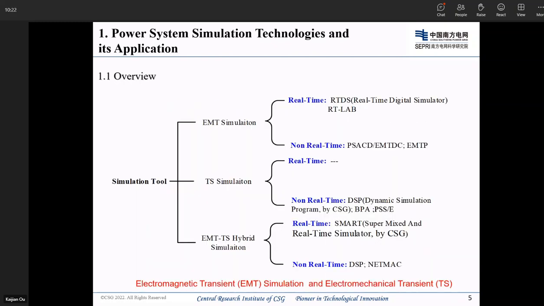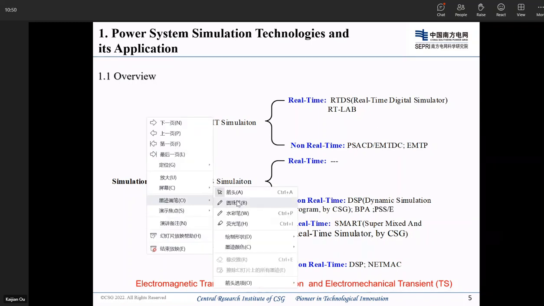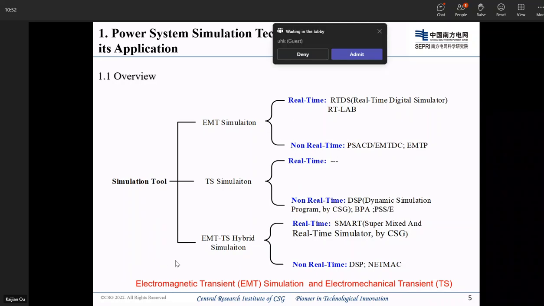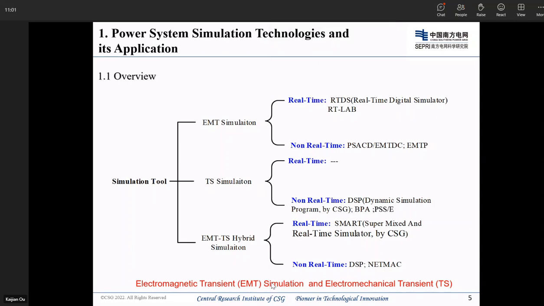And what kind of simulation tool do we have in our power system? We think that the simulation tools can be classified into three kinds. First is EMT simulation. EMT simulation is electromagnetic transient simulation.